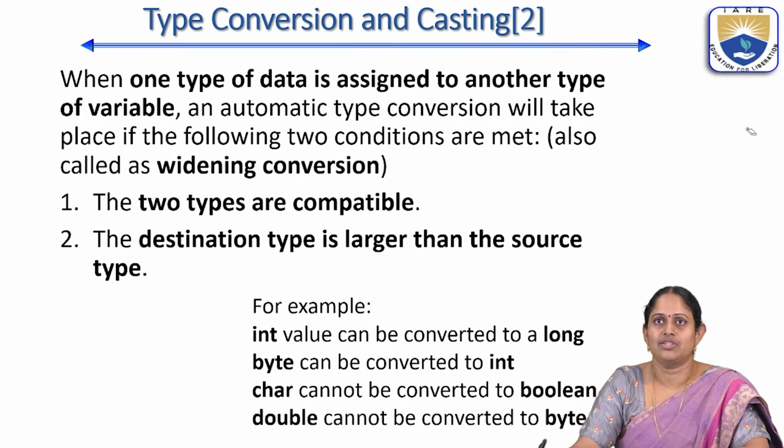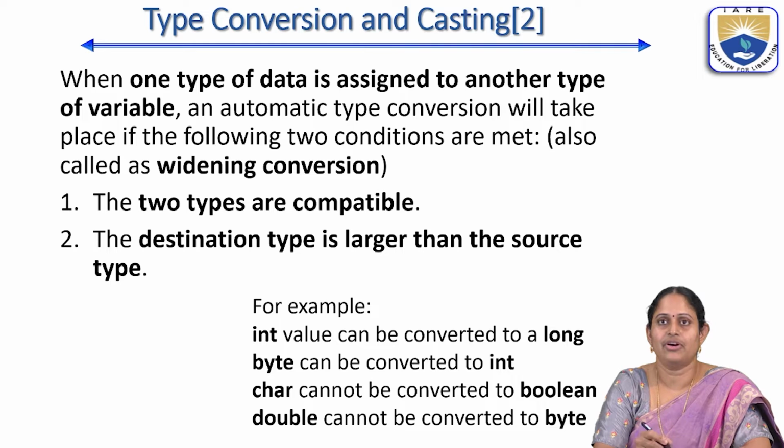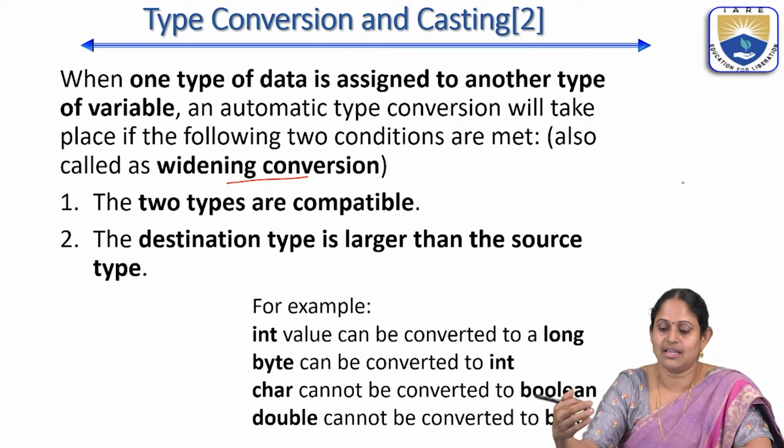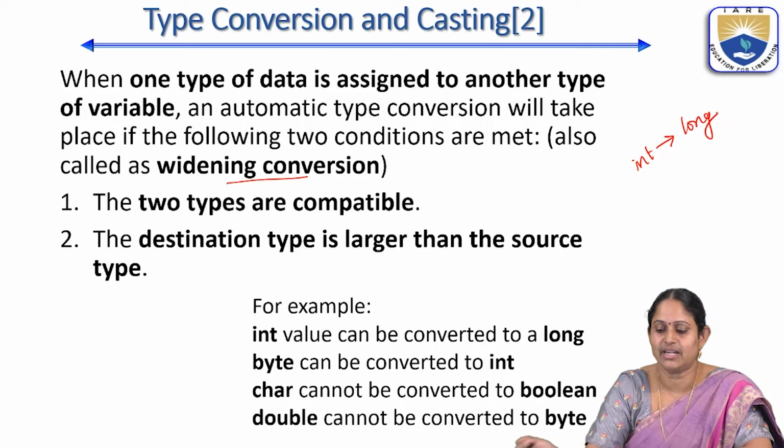So now let's look into type conversion of widening, wherein widening occurs when one type of data is assigned into another, but they are of compatible types. That means, let's say, int is being converted into long. In this type, widening occurs.